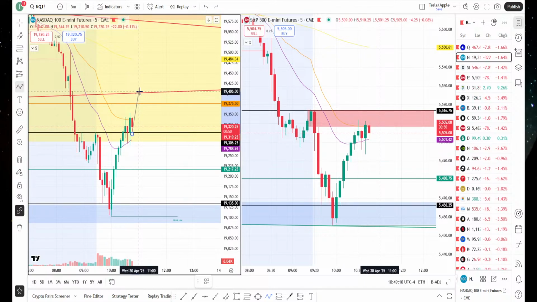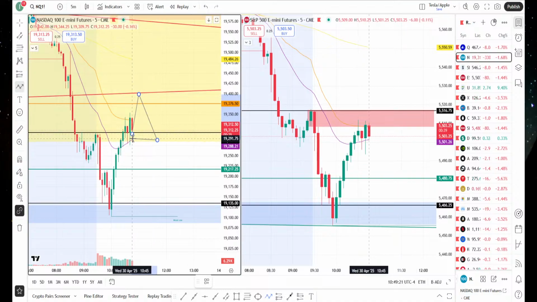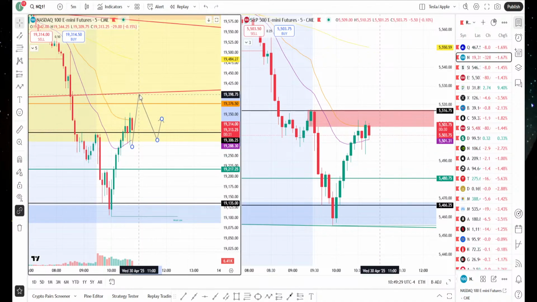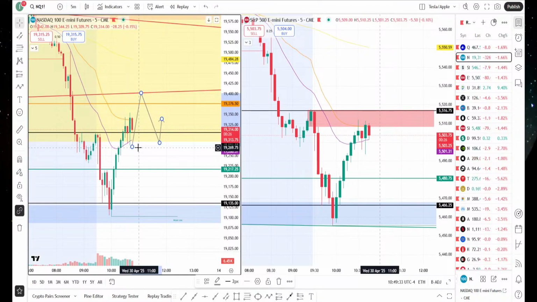Okay. Let's say the market's very strong. We go up here. We reject this resistance right here. But then we pull back. Let's say we come up here, but then we pull back here, right?